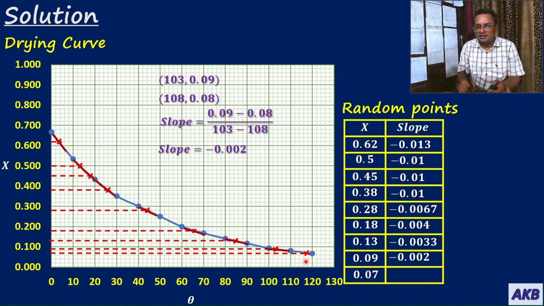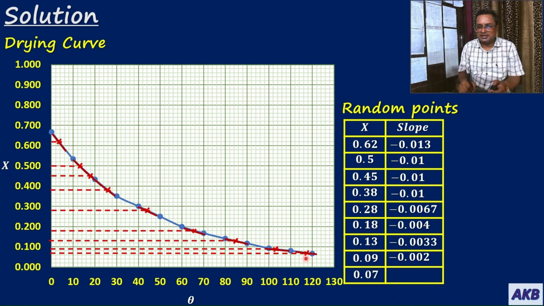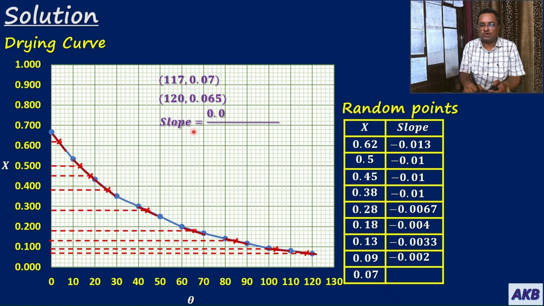And finally, we will draw tangent at the last point that we have selected. So this is the tangent that I have drawn. Any 2 points, I have selected these points. One is having coordinates of 117 and 0.07, and the other is having coordinates of 120 and 0.065. So therefore, slope will be 0.07 minus 0.065 divided by 117 minus 120.